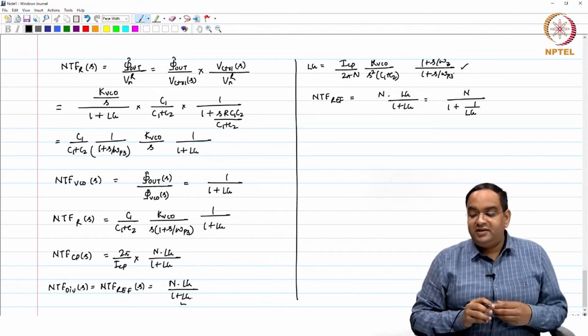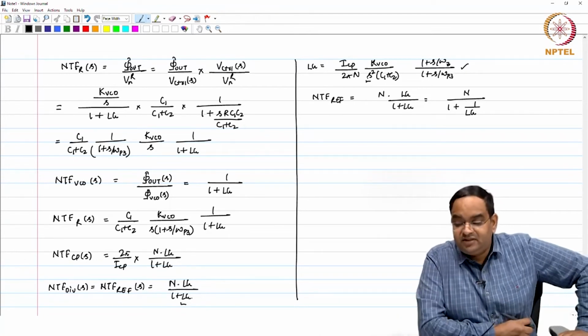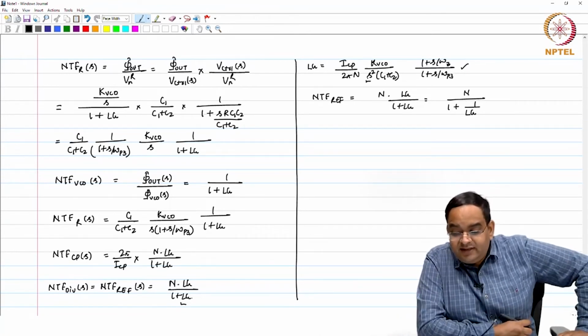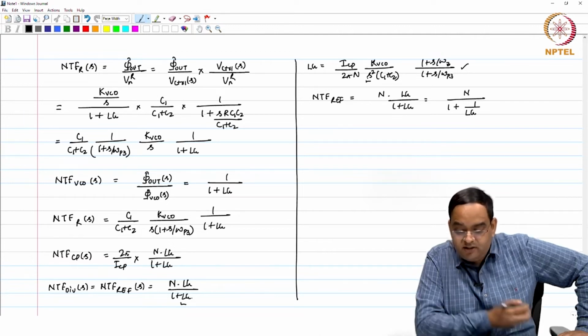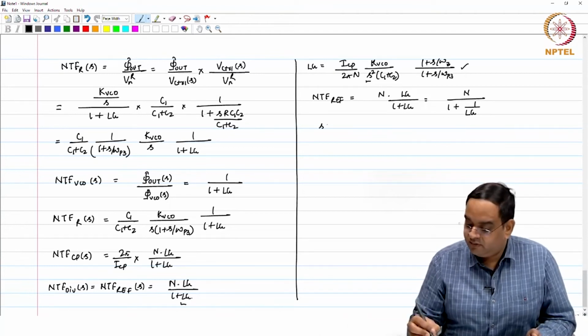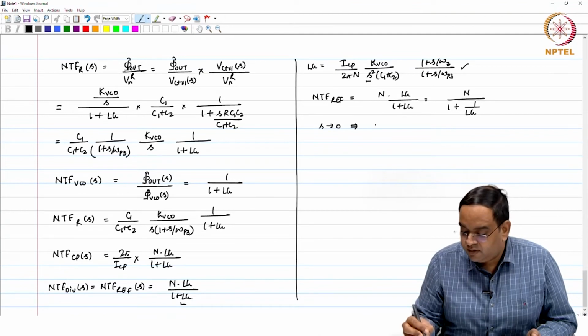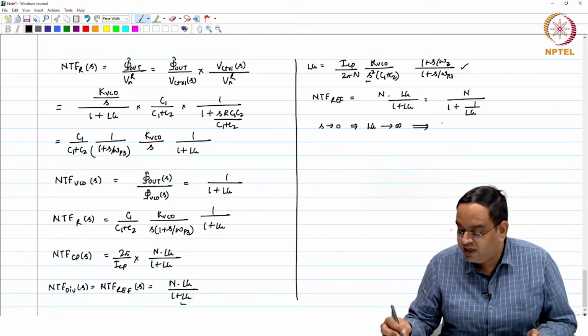So, what you see here is as S tends to 0, and this is just hand waving here, it implies that loop gain tends to infinity. As loop gain tends to infinity, NTF reference tends to n.